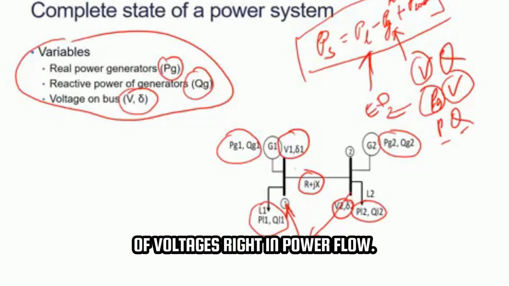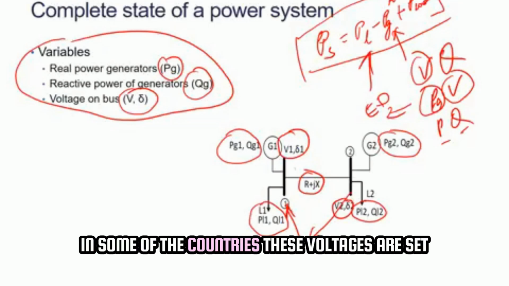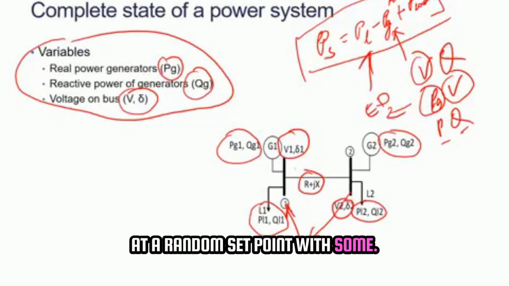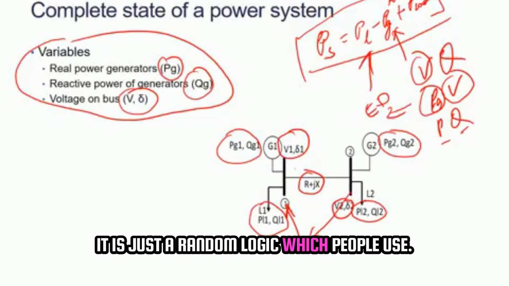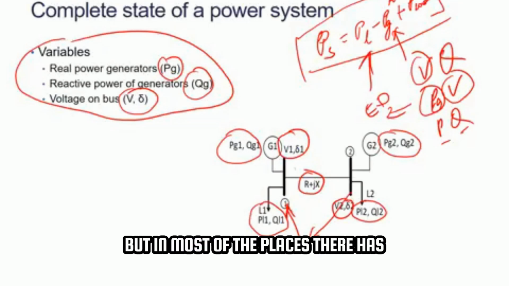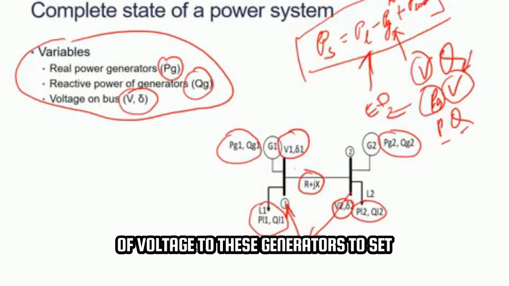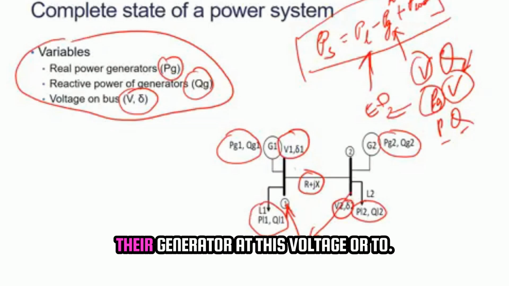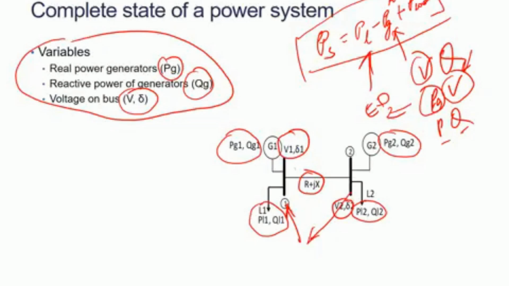In power flow, the value of voltage in olden days, before 1960, or even today in some countries, is set at a random set point. There is some logic behind it, but there's no hard and fast rule to set that value. It is just a random logic which people use. But in most places, there has to be something which will give the correct value of voltage to these generators, to set their generator to generate this voltage set point.